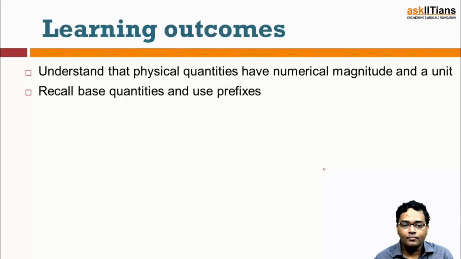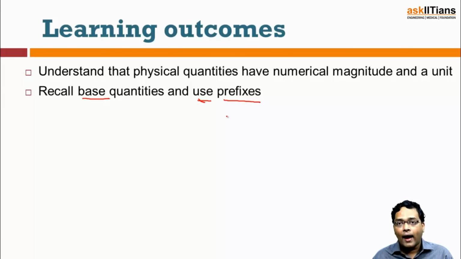Then if you have to say what are the base quantities, and we also use some prefixes. What basically are the base quantities? Base quantities, as the name itself suggests, these are the basic quantities in terms of which you define all the rest of the quantities that are defined in physics. So that is what is known as a base quantity.